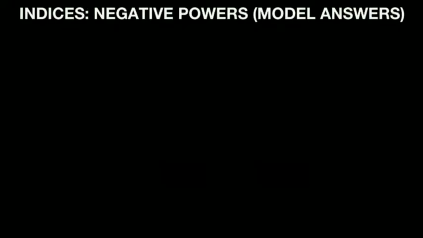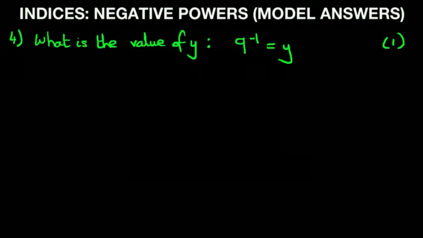Let's move on to our next question. Number 4. What is the value of y? And we have 9 to the power of minus 1 equals y. So we're being asked to work out what y is. This is a 1-mark question, and this is a very simple question.